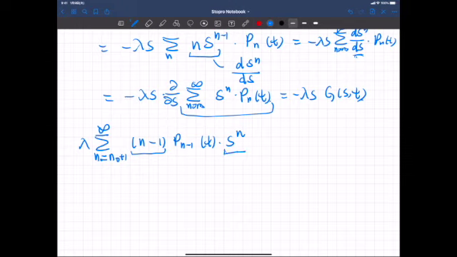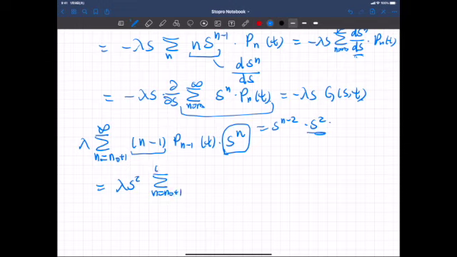For that aim, split this s to the power of n into s to the power of n minus 2 times s squared. Then move this s squared outside, and that is n minus 1 and s to the power of n minus 2 and Pn minus 1.